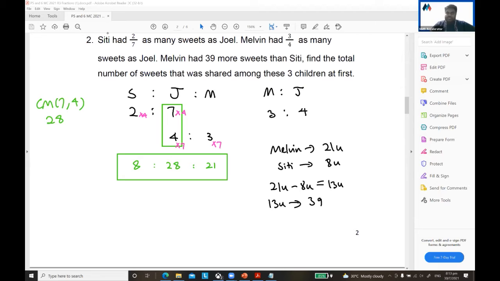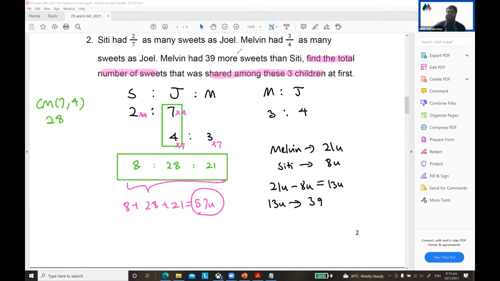Okay, now proceed to answer the question. Find the total number of sweets shared among the 3 children. So total number of sweets, in terms of units, is 8 plus 28 plus 21, so this is 57 units.